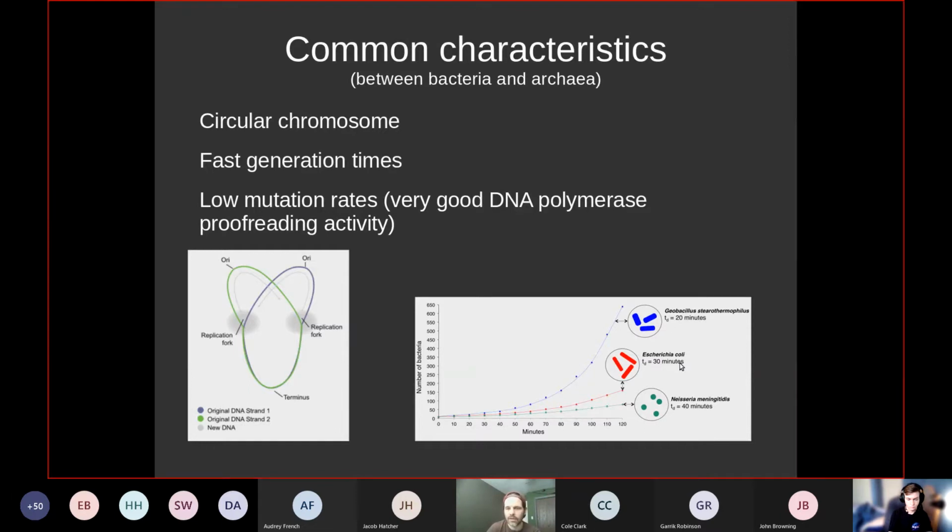Incredibly fast. How long does it take a human? For a human to double, what's the generation time? Like 20 to 30 years.